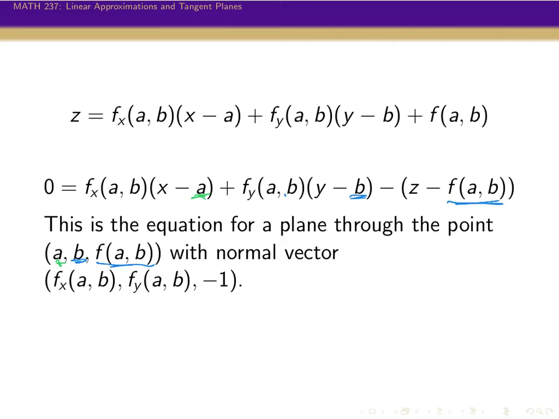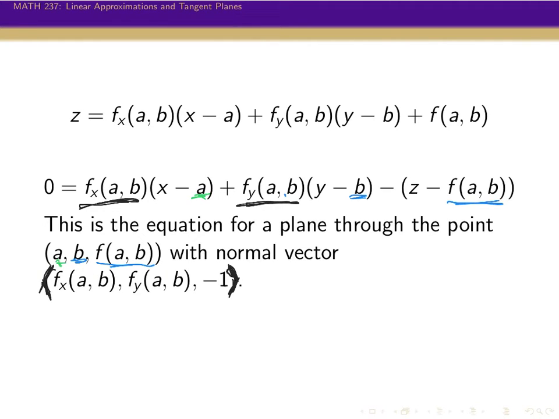And then to get the components of the normal vector, and I should have used vector brackets here, so let's draw those in. Well, the components of the normal vector are coming from the component for x is the x coefficient, which is the partial derivative in terms of x.